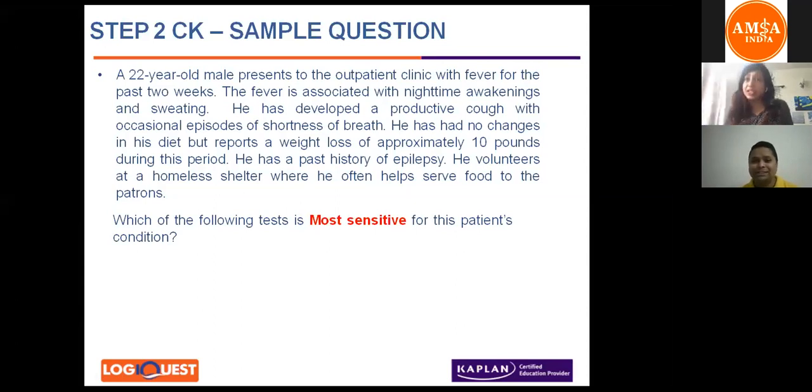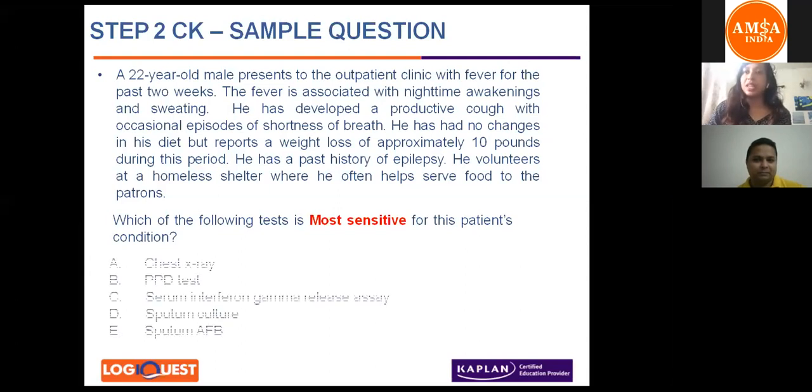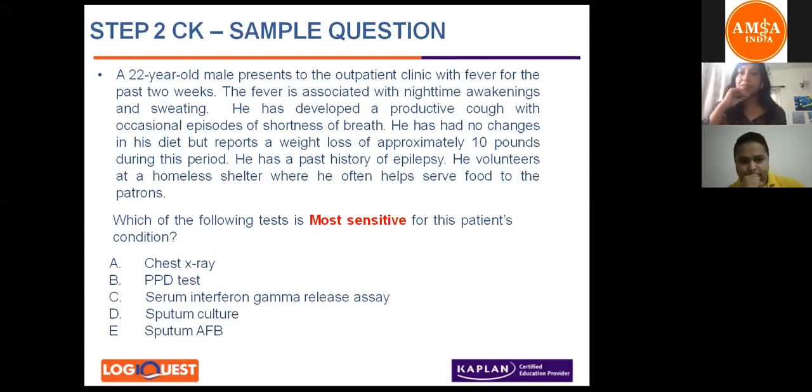Someone has said the tuberculin test is the most sensitive. Someone else said PCR. I think I agree with them that PCR is the most sensitive test. Any other answer? Someone has said an assay. Someone has said GeneXpert. Someone has said culture. Now let's see whether these are the answer choices.